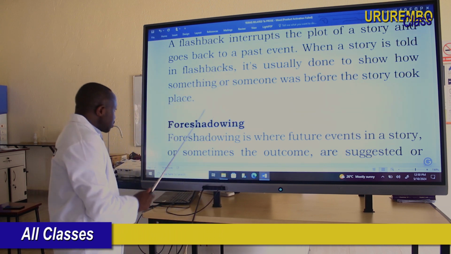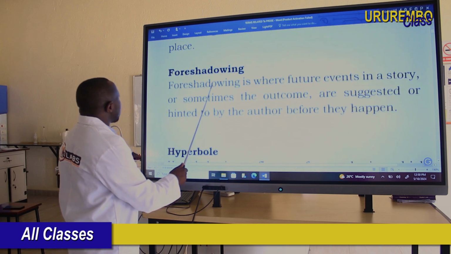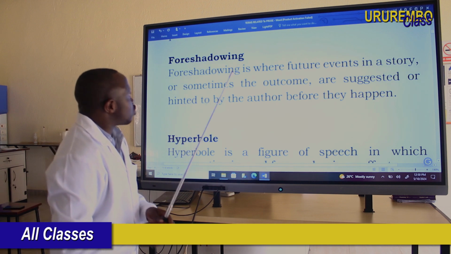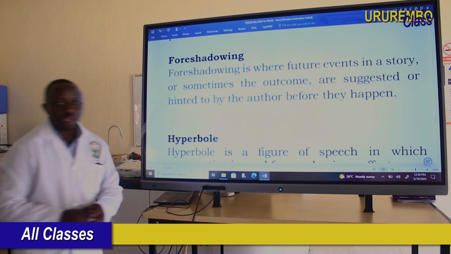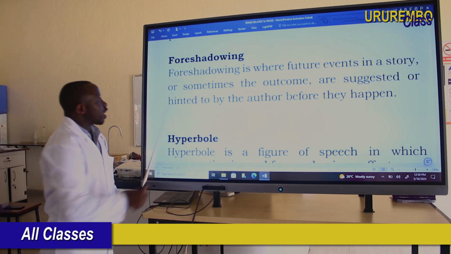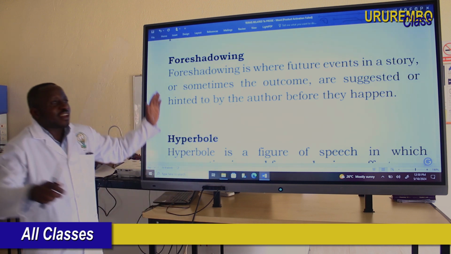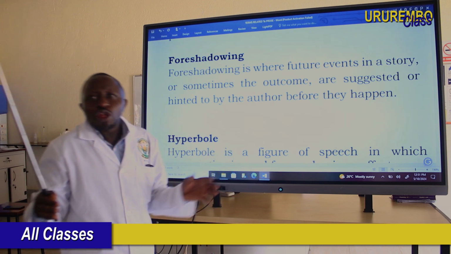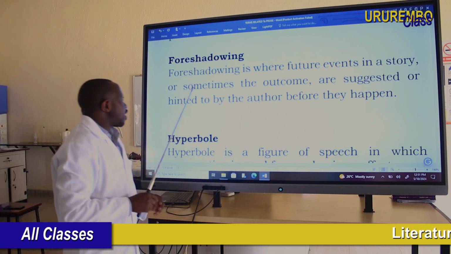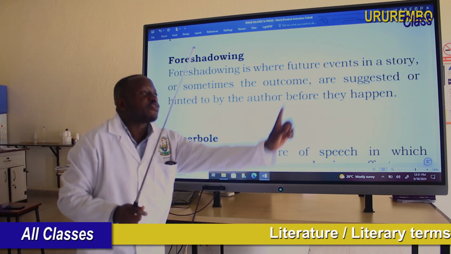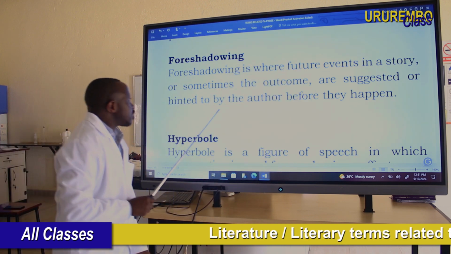Okay. Now the other literary term related to prose is called foreshadowing. Now, foreshadowing is like the opposite of a flashback. Instead of referring to the past, foreshadowing refers to the future.